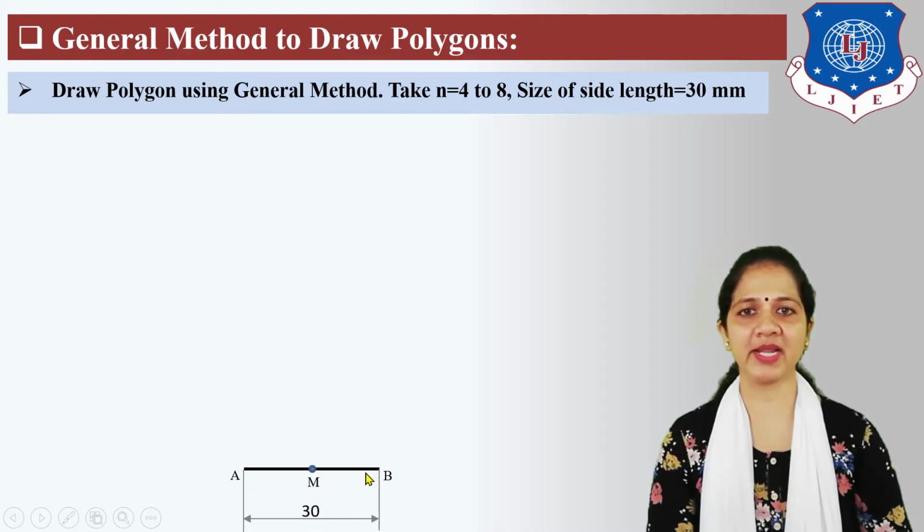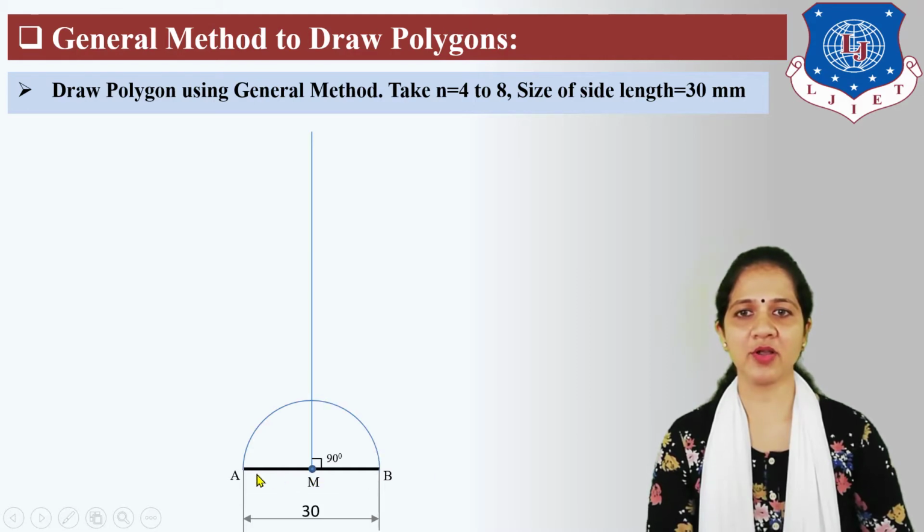Then take the middle point of side AB. Draw a perpendicular line from this middle point. Draw a semicircle. Take center M, radius MA or MB.